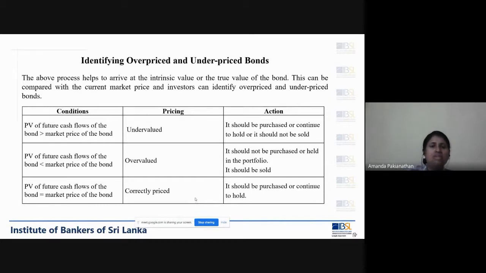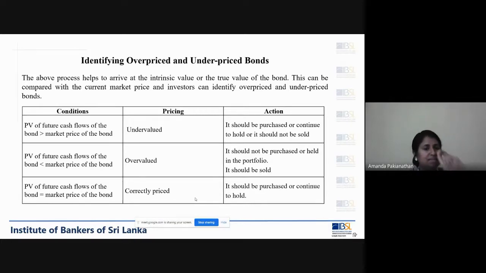I'm going to spend 1000 in today's terms. That's going to be my price of investment. But the bond's actual value in today's terms is only 958. That tells me this particular bond is overvalued. Why? The present value of all the cash inflows of this bond is still lower than the market price of the bond.